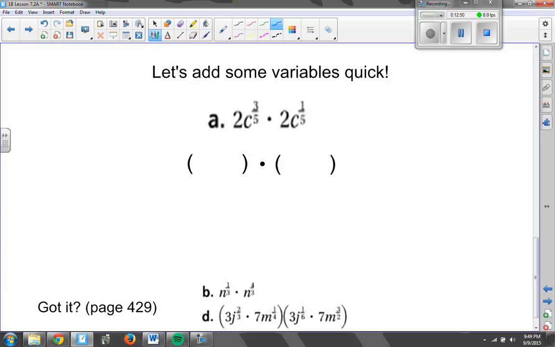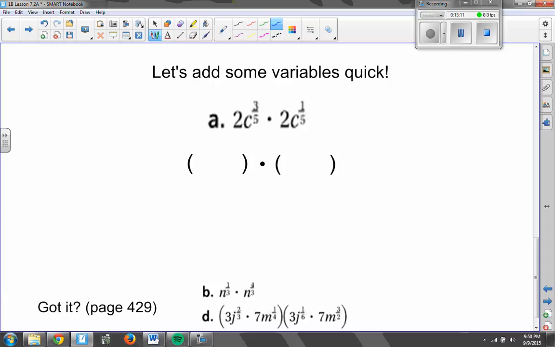Okay? So I'm going to look here at letter A for you in the got it number 6. Then I'm going to make you do B and D by yourselves. Okay? So letter A says 2 times C to the 3 over 5 times 2 times C to the 1 over 5. Okay?